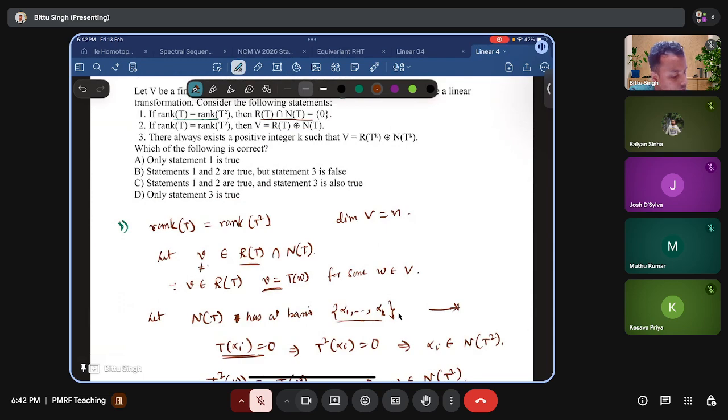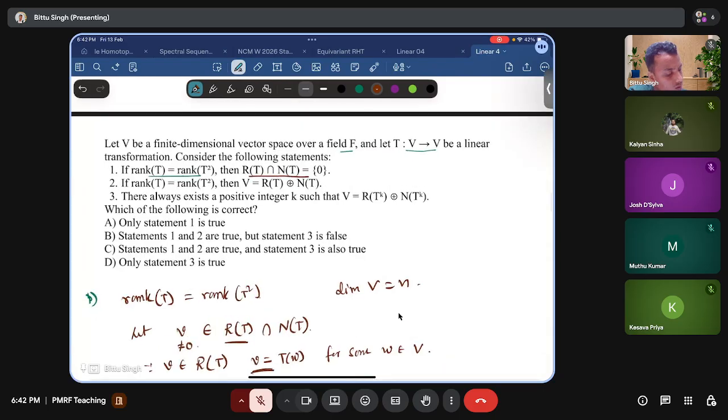We have taken a non-zero vector and we arrive at a contradiction. So statement 1 is true.